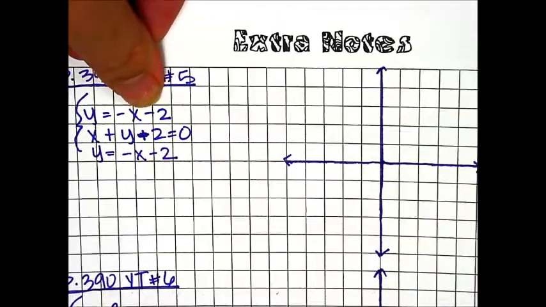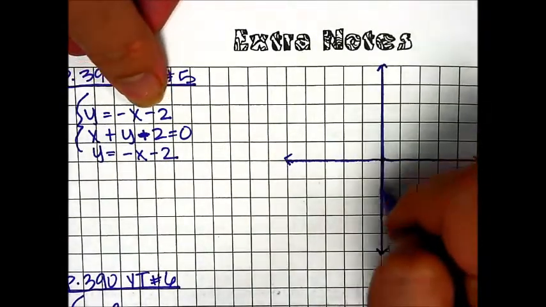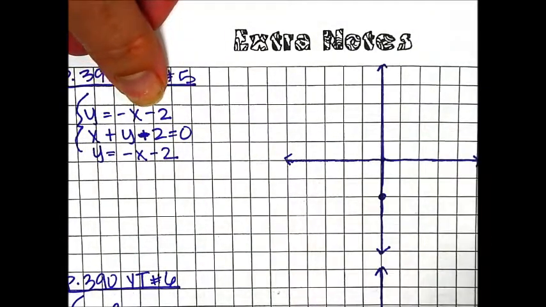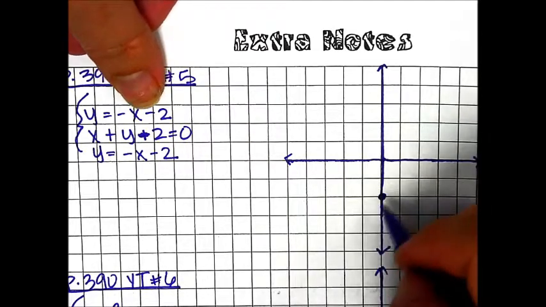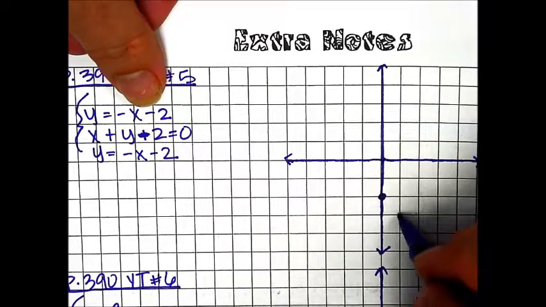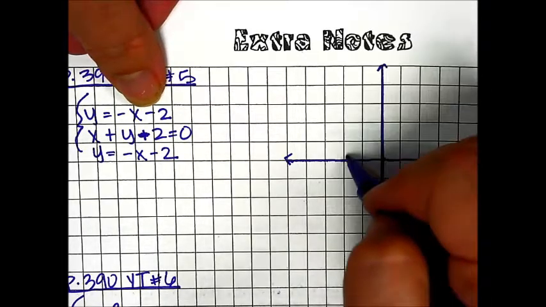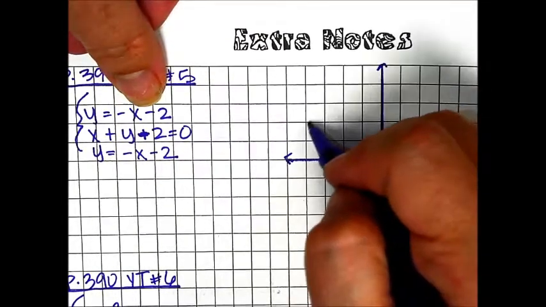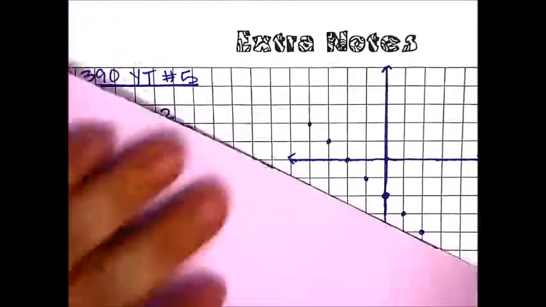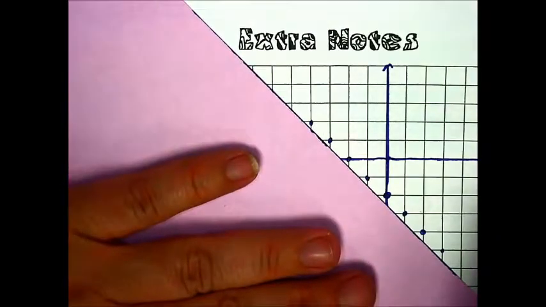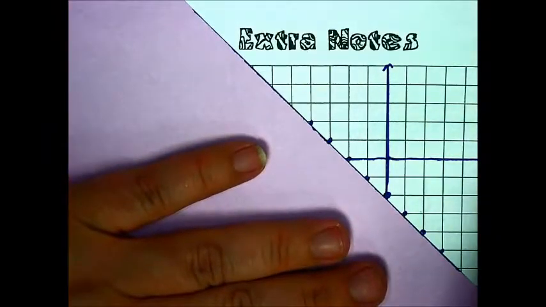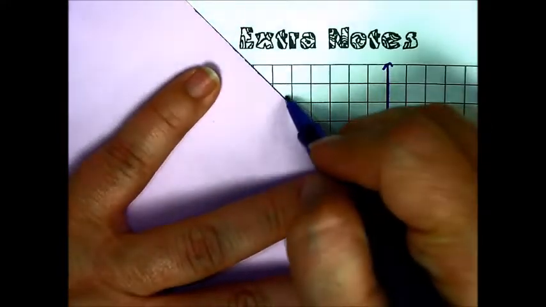So my first one, I'm going to start at -2. And it's a -1 slope, so I'm going to go down 1, right 1, up and left, and make my line.